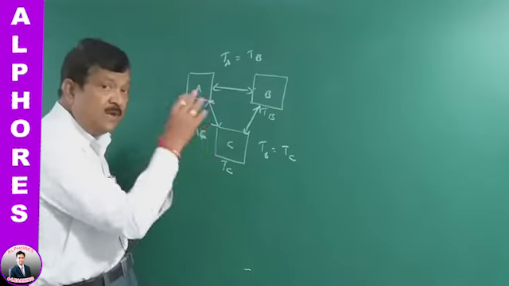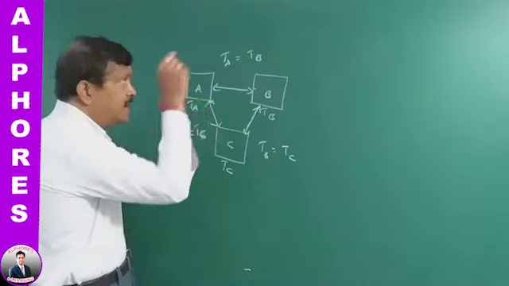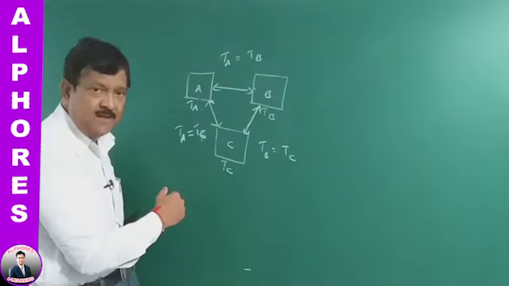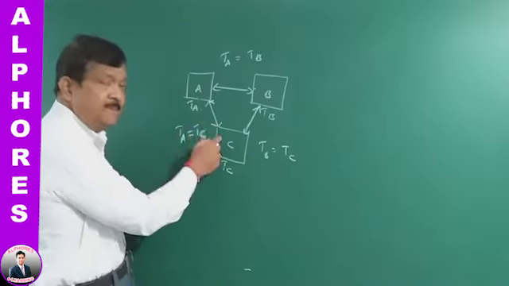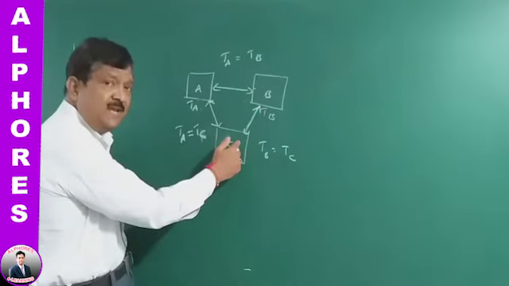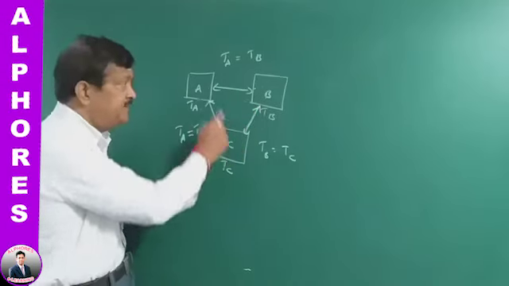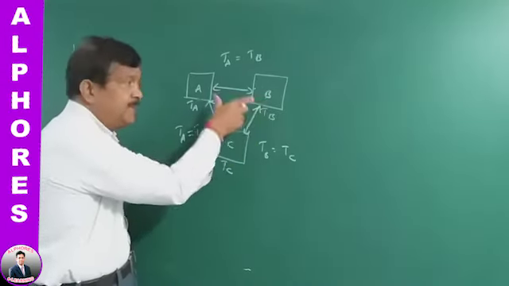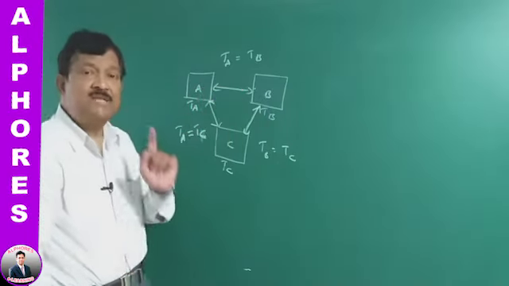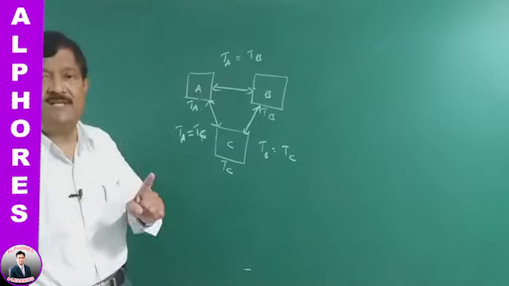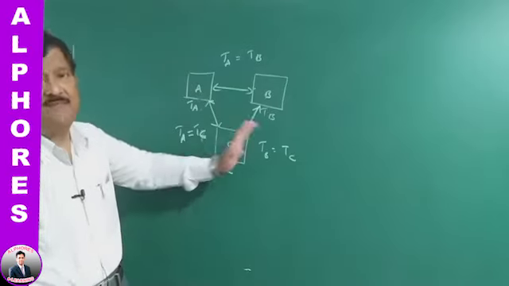But from that we have concluded that A and B are also in thermal equilibrium with each other. That means when there is no transfer of energy between A and C and also between B and C, there is no transfer of energy between A and B also. That means both are at the same temperature, because as long as a temperature difference is there, only then will there be a transfer of energy.